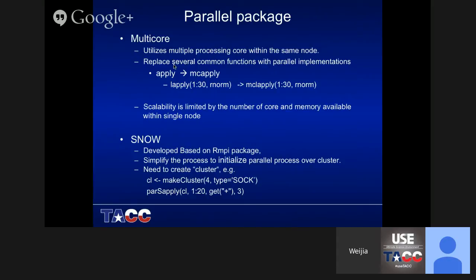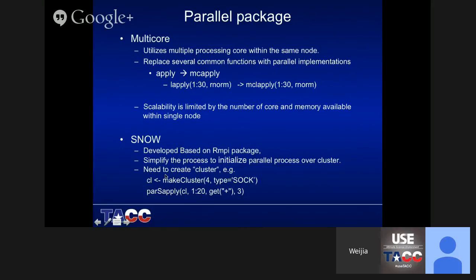There are also other functionalities that multicore and snow support, so you can write in a more efficient and more detailed way, with finer control over how the parallelism happens. The main difference between multicore and snow is that multicore, as the name specifies, works with multiple cores, so it doesn't work well across multiple nodes.